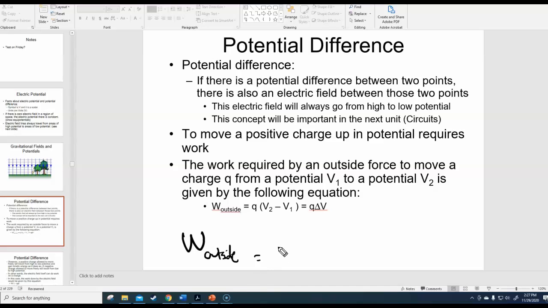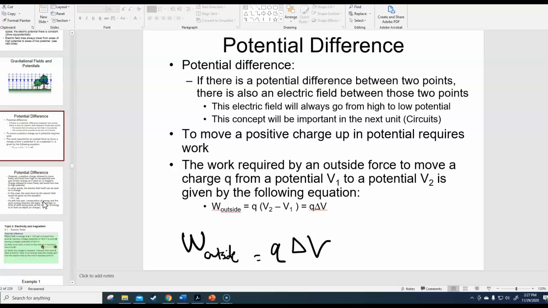Which again should make complete sense because it's basically just the definition of potential difference that we saw before. But keep this equation in your mind. We'll do some examples here momentarily.